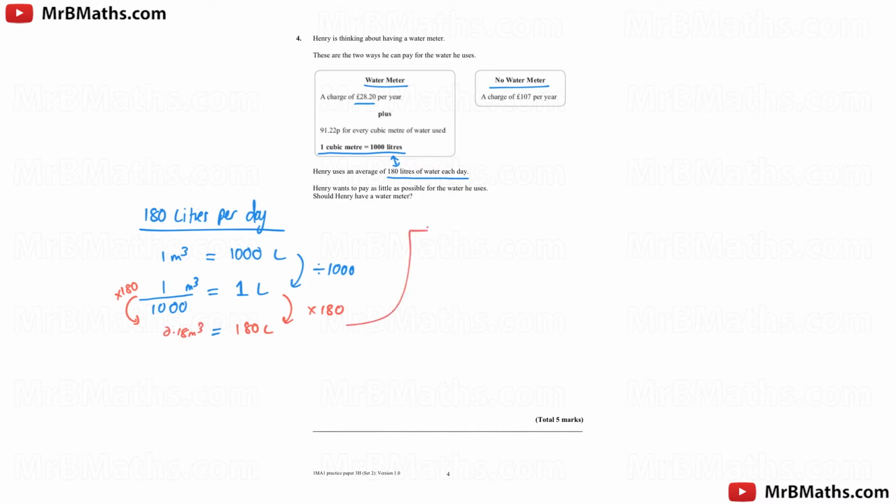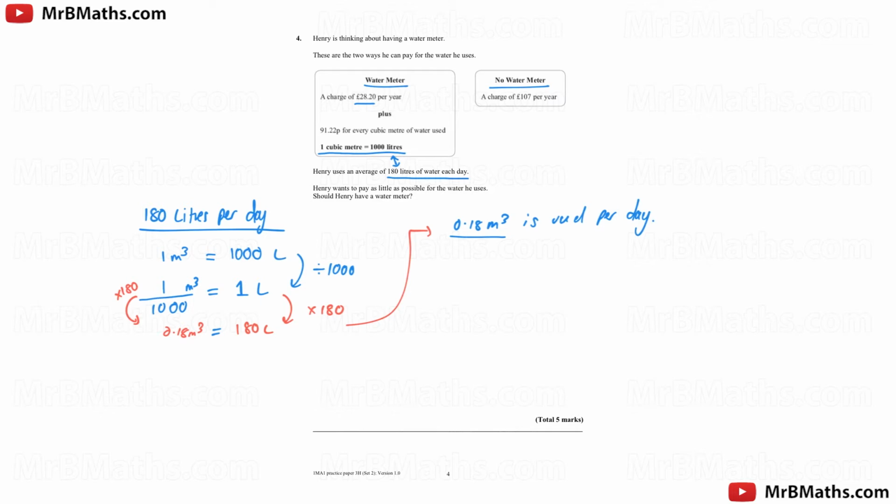So from this I can say that 0.18 meter cubed is used per day. It's always good to lay your work out nice and neat, and trying to put as much as you can so that A, you don't lose track of what you're doing, and B, for the examiner. So 0.18 meter cubed per day.